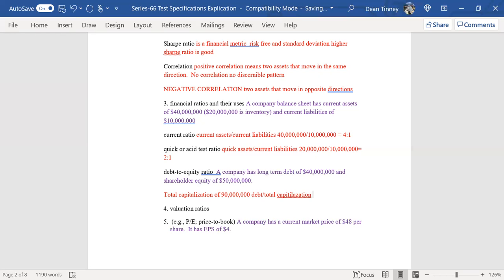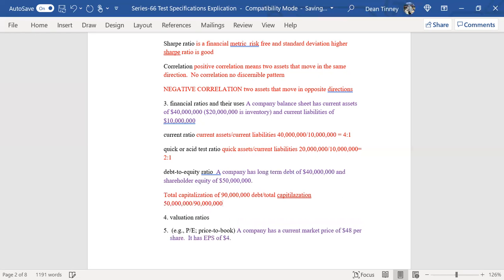And so in our example, that would be 50 million divided by 90 million. And we get, where's my calculator? 50 divided by 90.